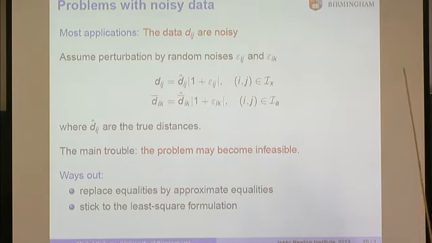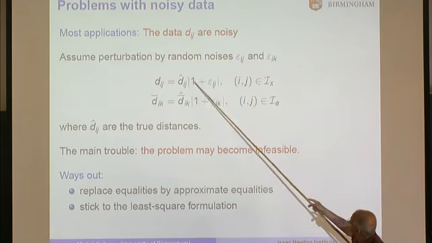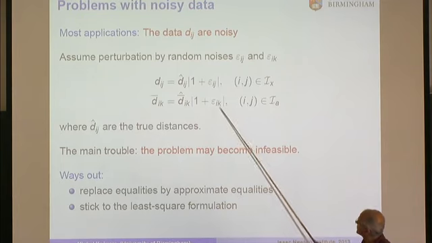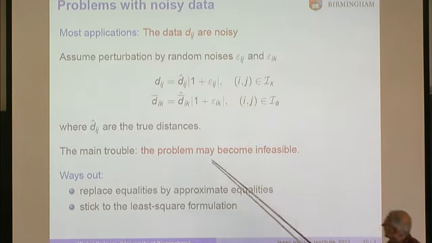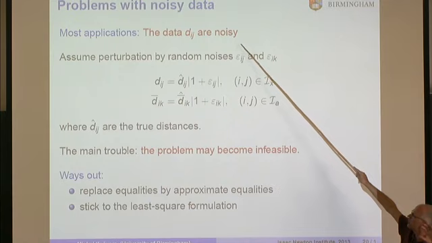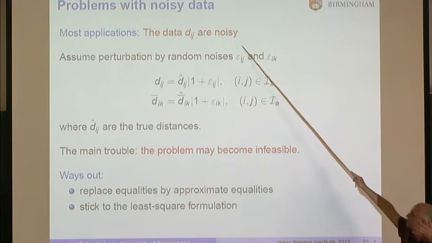So the distances, not the positions, but the distances are not exact. For instance, they are given with some epsilon noise, and the same for the distances from the anchors. Now we are in trouble because the problem may become infeasible. If the distances are not exact, then you can imagine that there are no points which would exactly satisfy the problem with the perturbed distances.